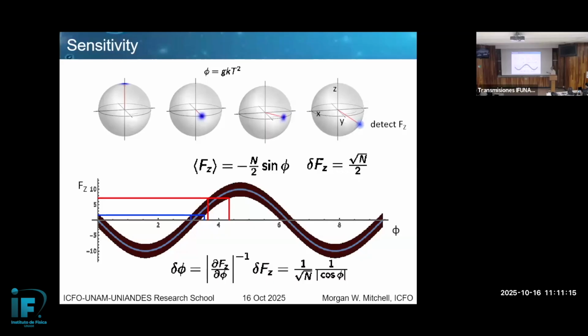And as a result, I have as much uncertainty here as I do here. And when I do the same calculation, if I get this value, which is close to 0, thus close to this 0 crossing in phi, then I get a smaller uncertainty than if I get a larger value. And in that case, assuming an uncertain number of particles, then I get a different standard quantum limit.